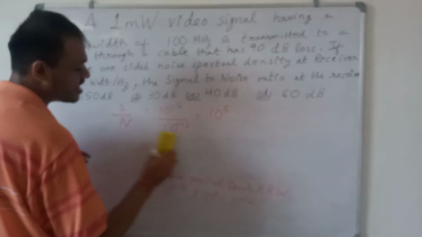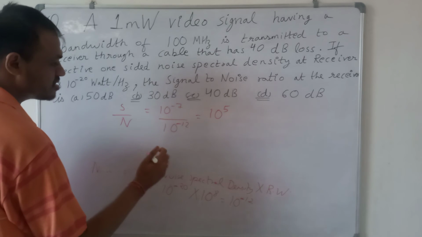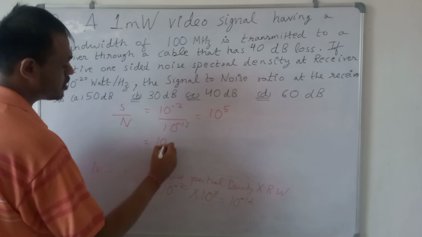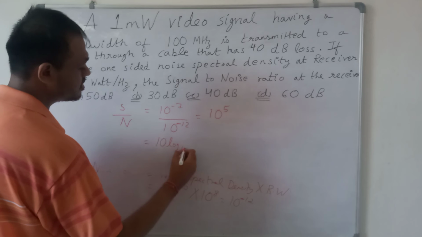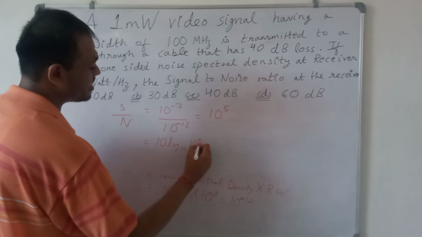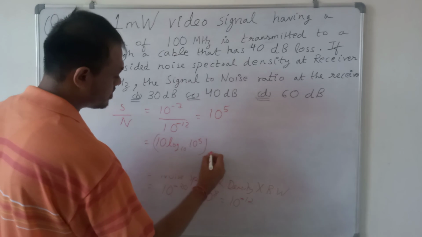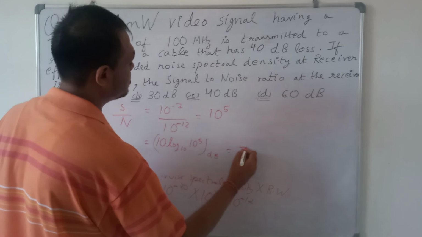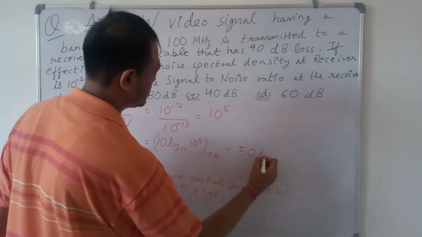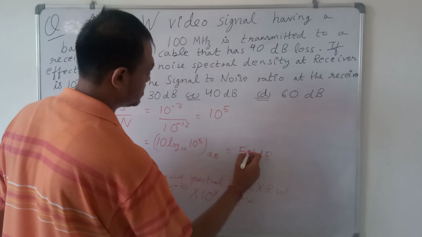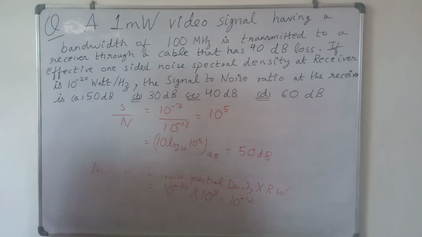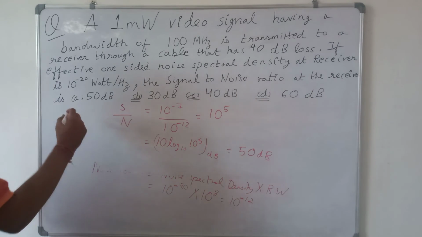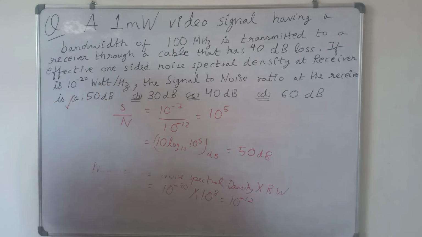Now to convert it into dB, this is equal to 10 log to the base 10 of 10 to the power 5 in dB. So this is equal to 50 dB. So the correct answer of signal to noise ratio at the receiver is 50 dB.